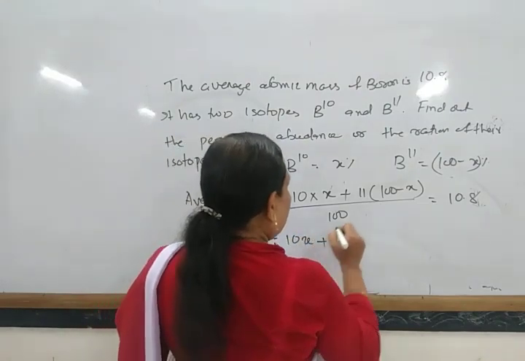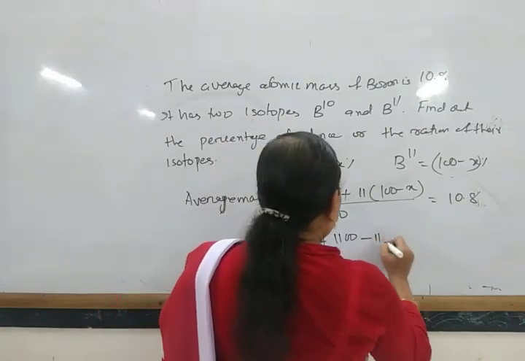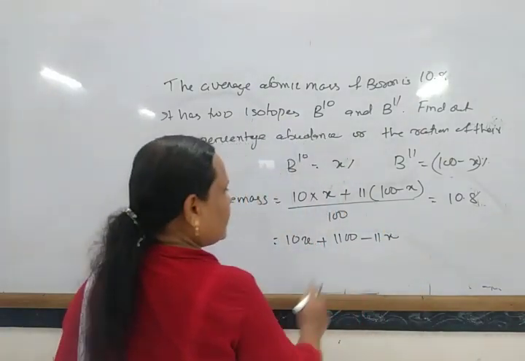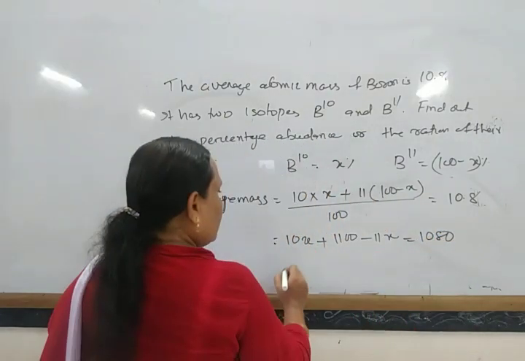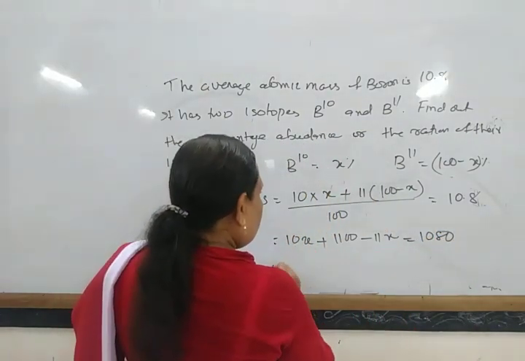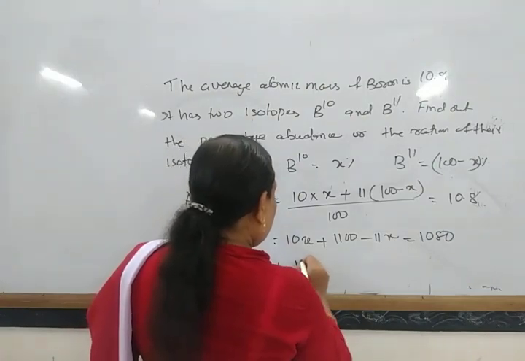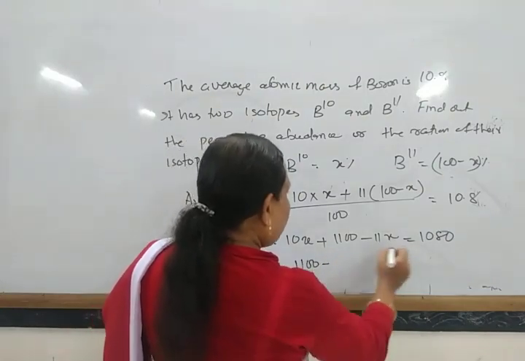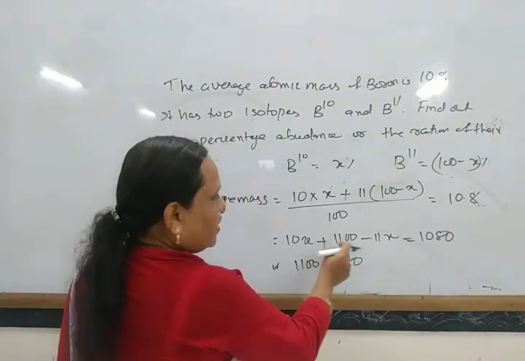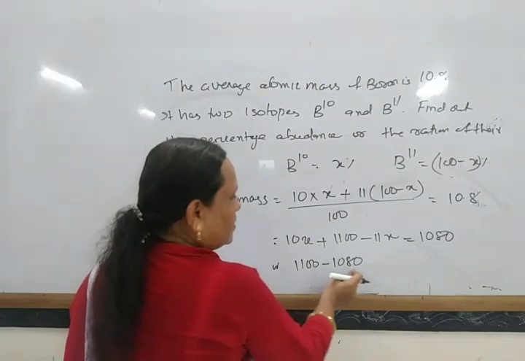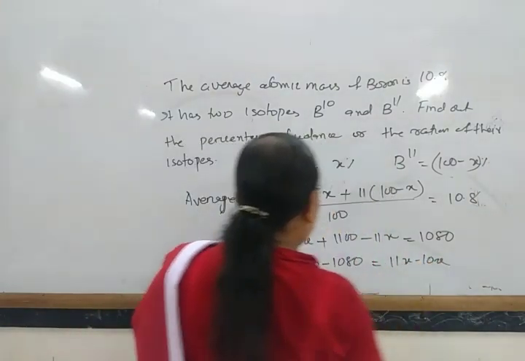So you get 10x + 1100 − 11x equal to 1080, or 1100 − 1080 equal to 11x − 10x.